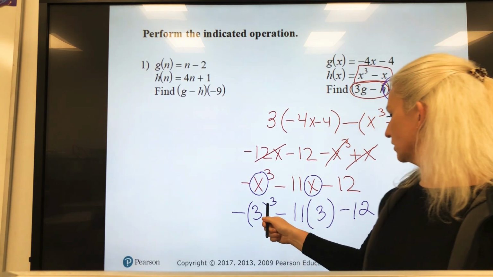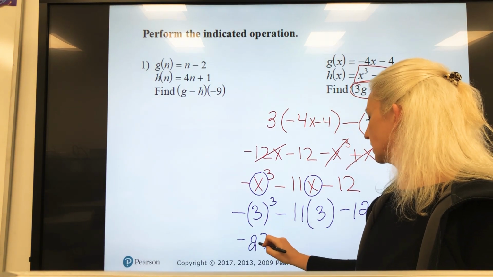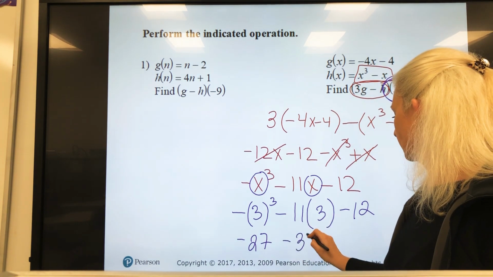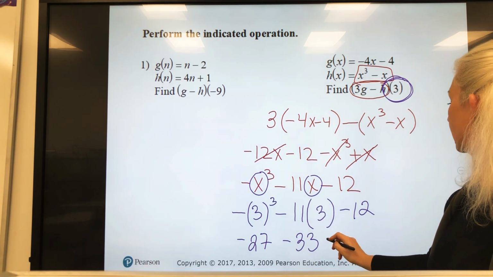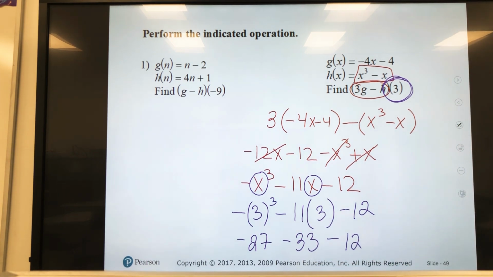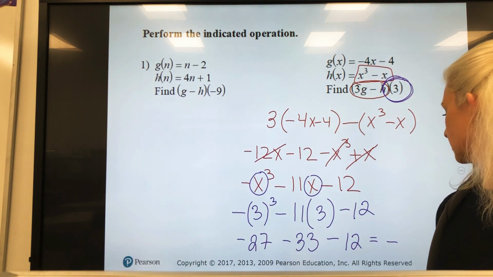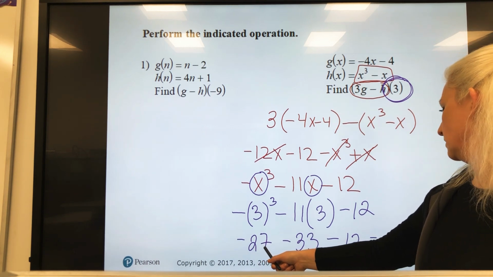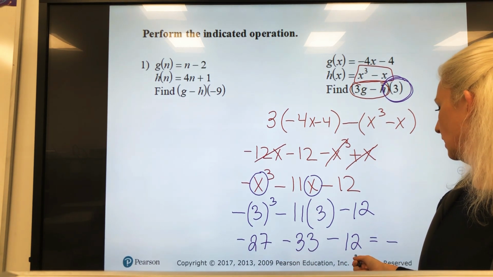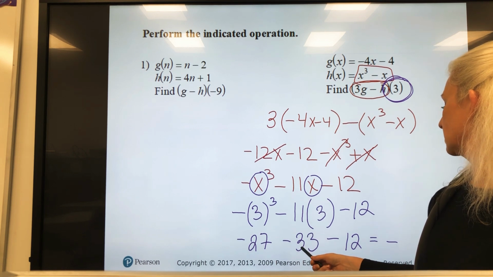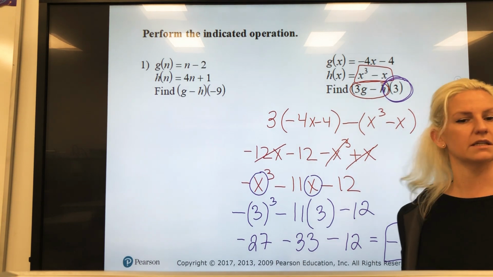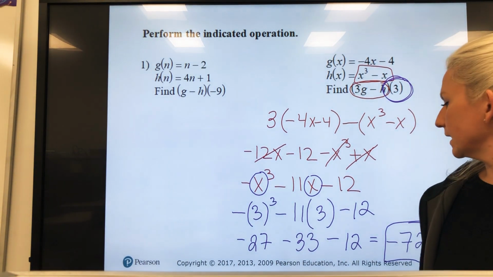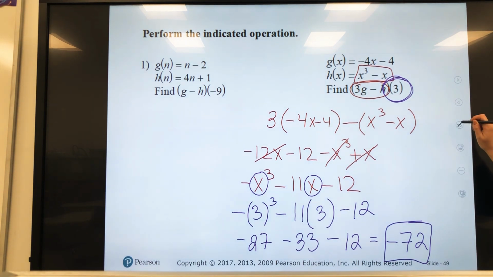All right, so what do I have? 3 cubed is 27, so it's -27, -33, right? -33, -12. All right, so what does that give me? It's going to be a negative, so that's 27, 37, 38, 39, 49, 59, 69, 72. -72.